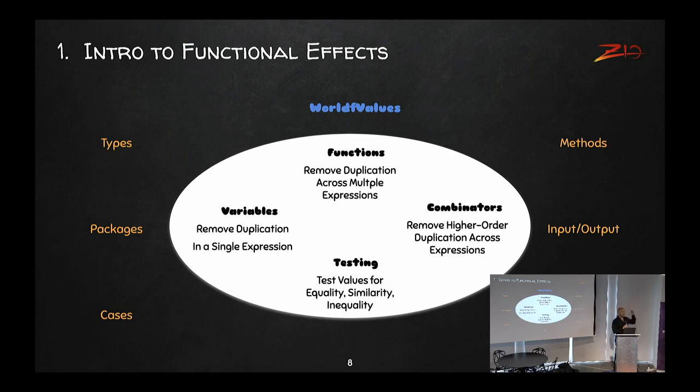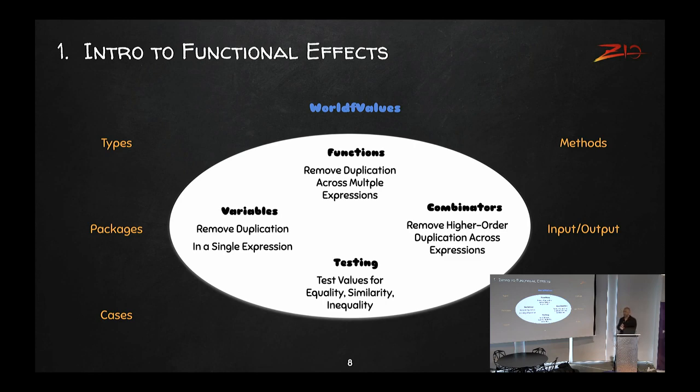There are cases, for example, cases of an enumeration, or terms in a sum type, which are not first-class values. There are methods, which aren't values at all, even though Scala can, in some cases, convert them into a value, a function. There's input-output. So like a statement, an effectful side-effecting statement, that's not a value.